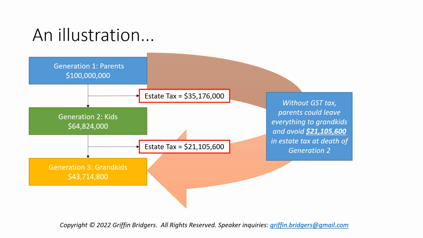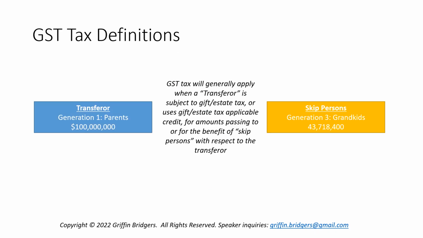But the GST tax fills in to say even though there's no estate tax here technically, there is an additional GST tax. So, our illustration of what we're going to learn today is that we have the transferor, in that case, the parents transferring $100 million in wealth, and then Generation 3, the grandkids who are receiving wealth net of an estate tax and potentially a GST tax.